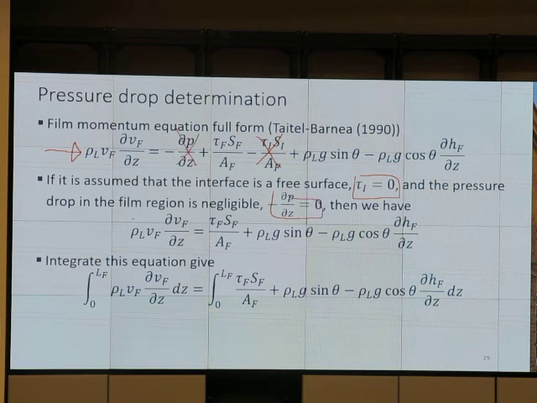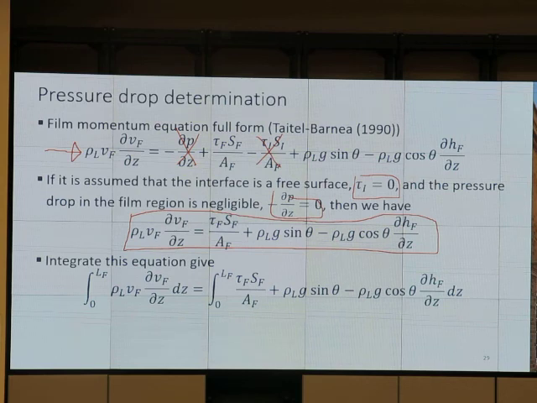Then we have just this. By the way, you already know how to calculate the film profile and the slug pressure drop. This part that I'm talking about is what is the difference between the Dukler and Hubbard pressure drop and the Taitel-Barnea pressure drop. They're not the same. There has to be something, right? This is the explanation.